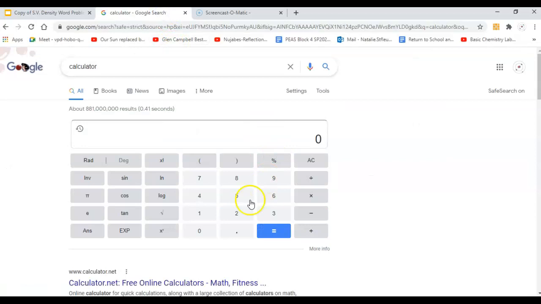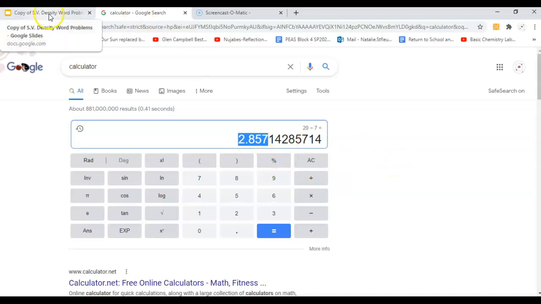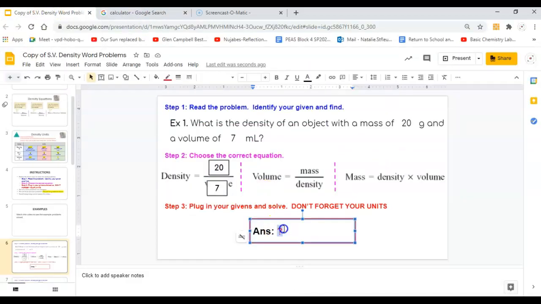So I'm going to go into my calculator here, 20 divided by 7. And I get this number here, 2.857, and so on. I'm going to use 3 decimal places. So I'm just going to copy that, 2.857, and I plug it in.